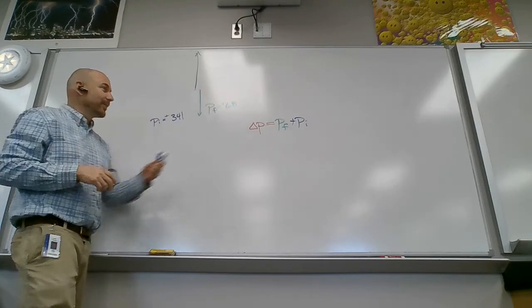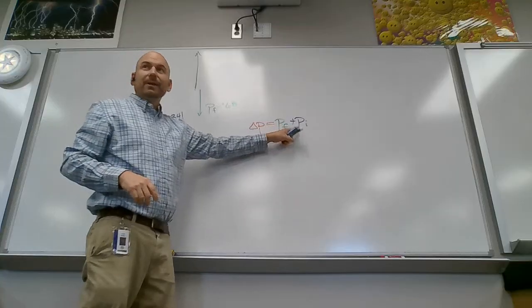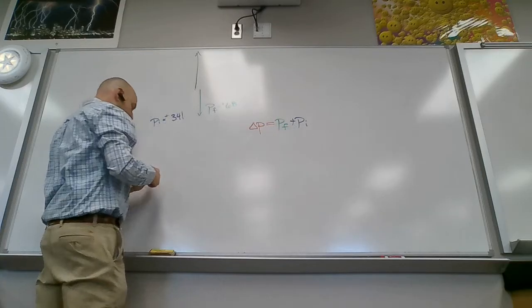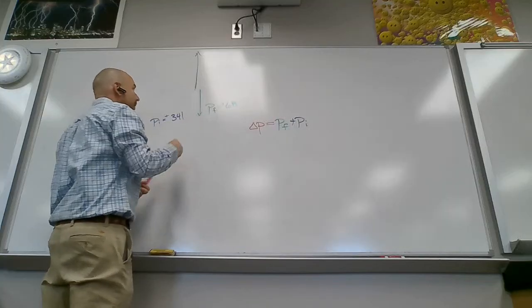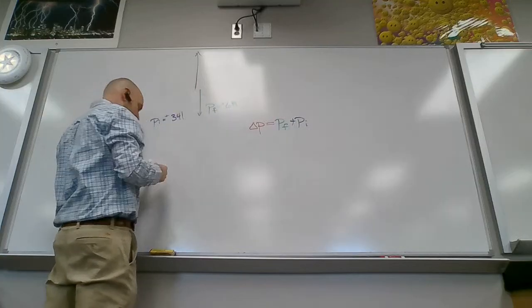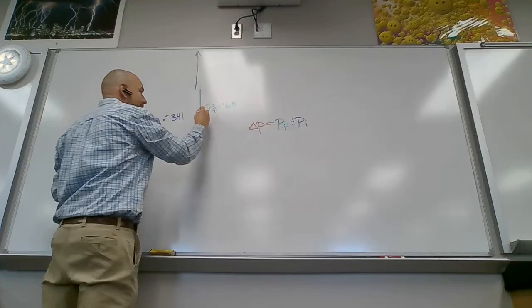You flip the thing you're subtracting, and then you're doing the resultant of these two. Doing head to tail, I'm going to take the tail of this and put it at the head of this.